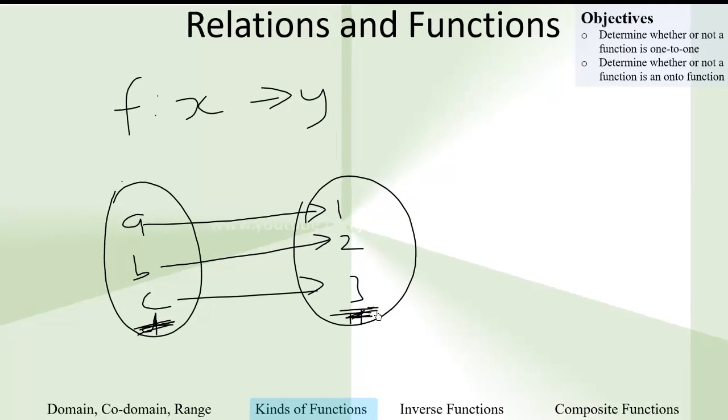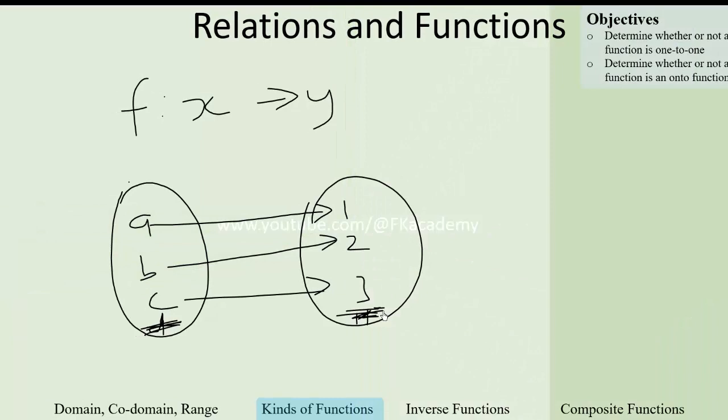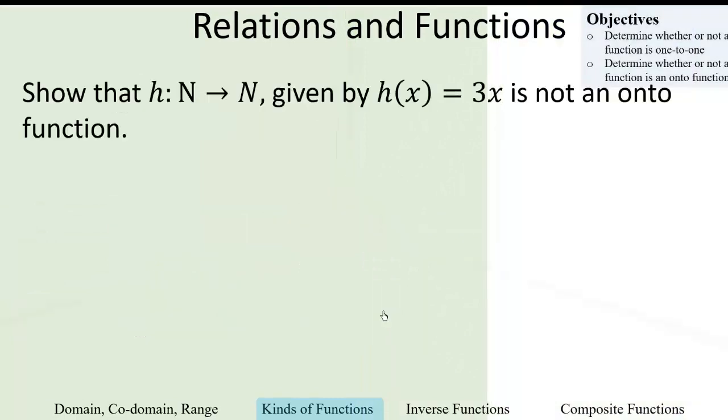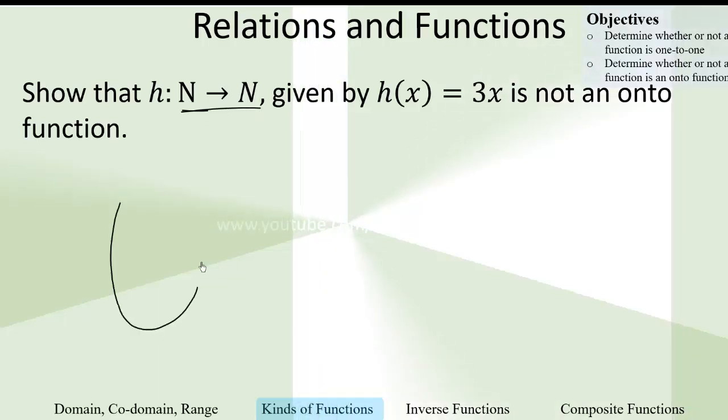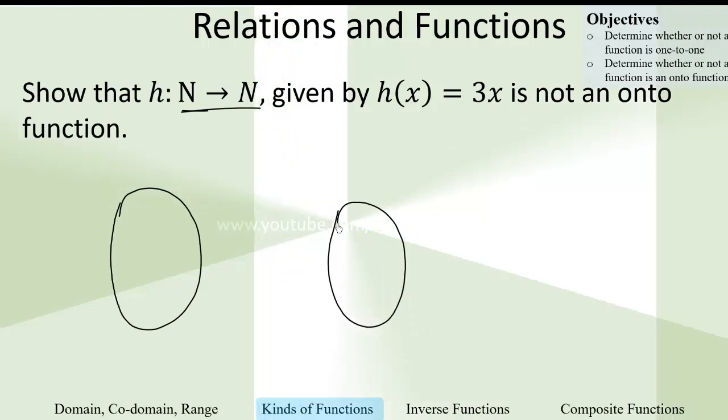Now let's take an example. Show that h is such that n maps onto n, given by h of x equal 3x, is not an onto function. Now, if we are dealing with the natural numbers, we don't have a number that will map onto this.